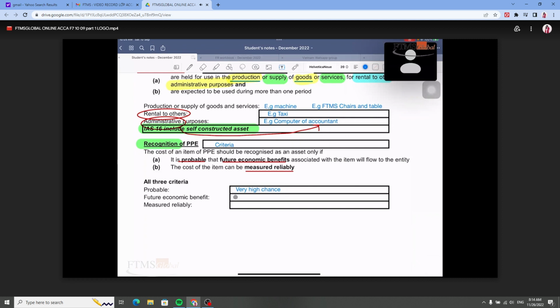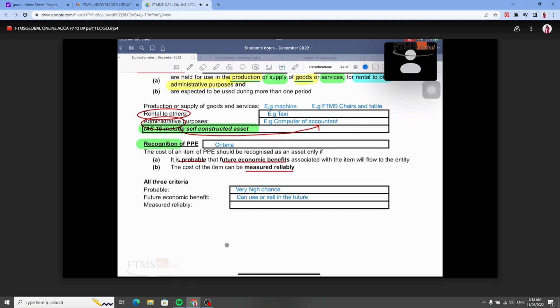For future economic benefit, it means you can use or sell in the future. In simple English, it means you can use or sell in the future. That's the meaning of future economic benefit.